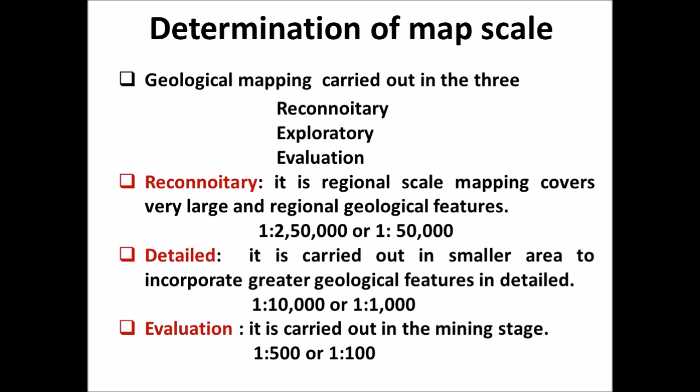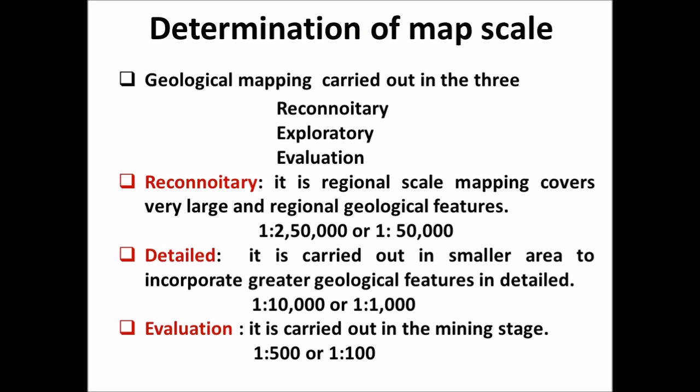The other is detail mapping, which is basically carried out in a smaller area to incorporate greater geological features in detail. This will include, for example, a 1 to 10,000 scale map or 1 to 1,000 scale mapping.